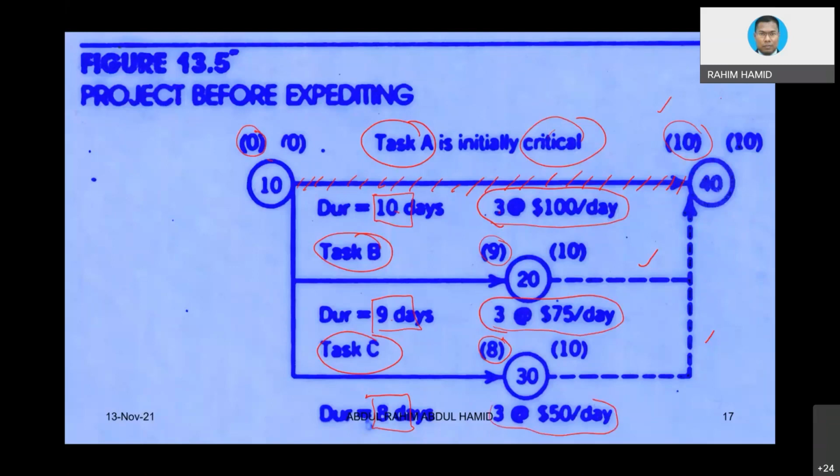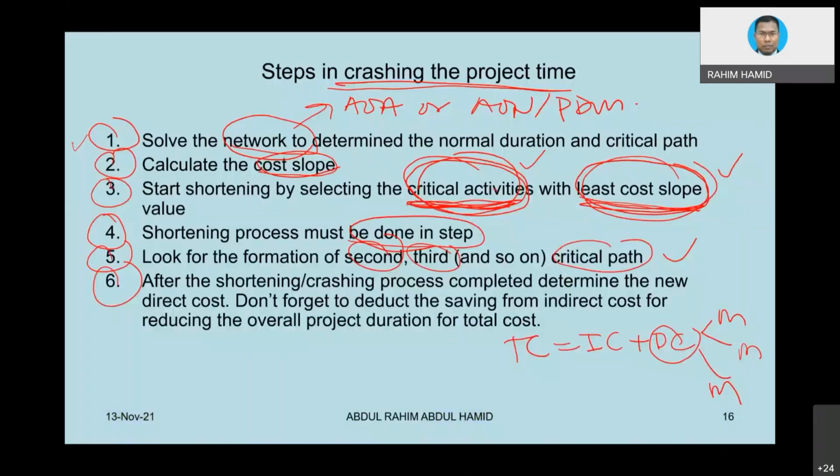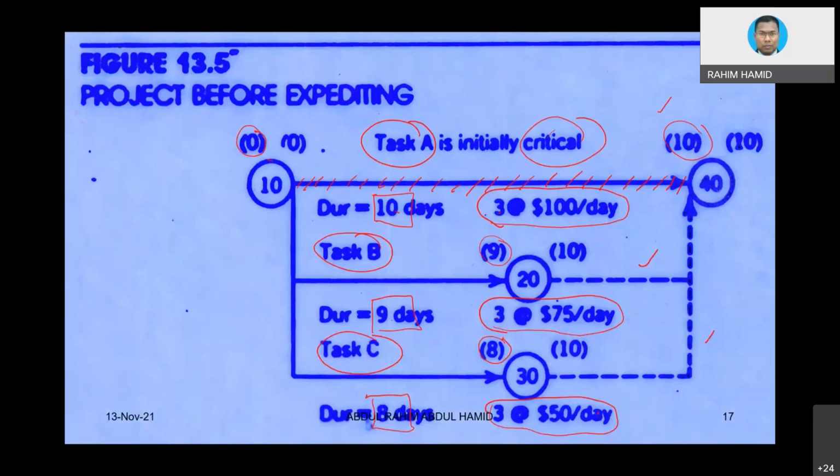Okay, so now we have completed step number 2. Step number 3, start shortening by selecting the critical activity with the least cost slope. Let's say my initial normal duration of the project, ND, is equivalent to 10. What would be the normal cost of the project?